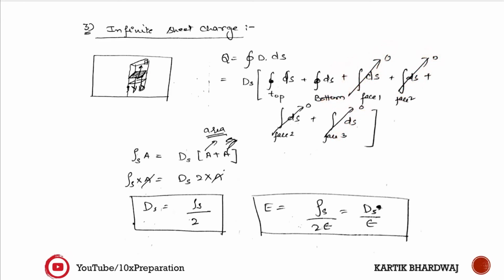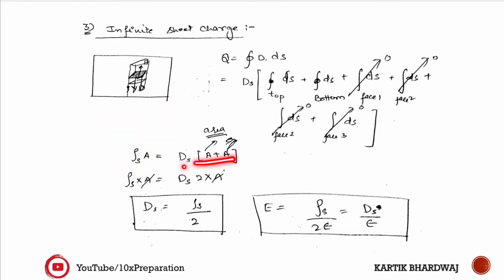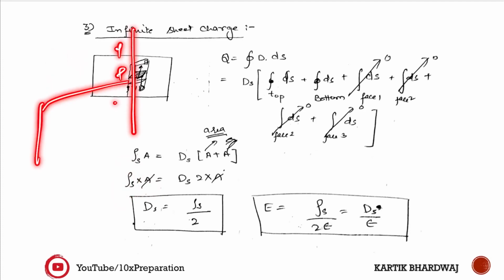Suppose the area of the sheet is A. The charge is the surface charge density times the area, so rho S A is equal to D A plus D A, considering this is the area of the sheet. Keep in mind that rho L is the linear charge density in one dimension, rho S is the surface charge density, and rho V is the volume charge density.